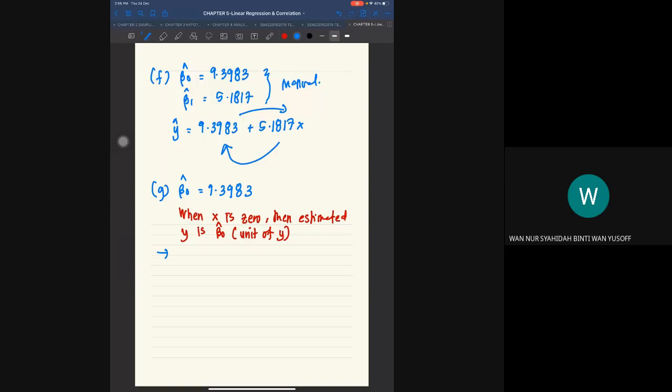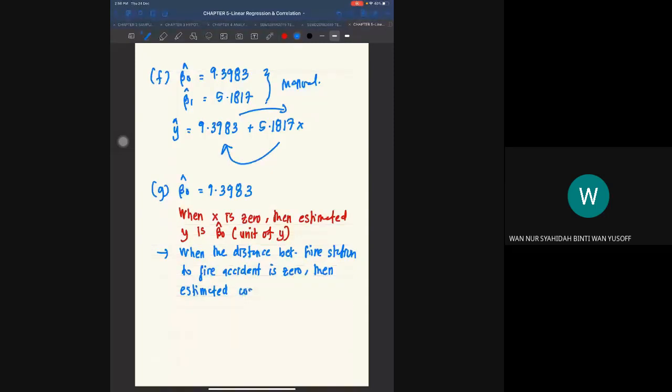So based on our data, when the distance between fire station to fire accident is 0, then the estimated cost of fire damage is... do we have a unit for the y?